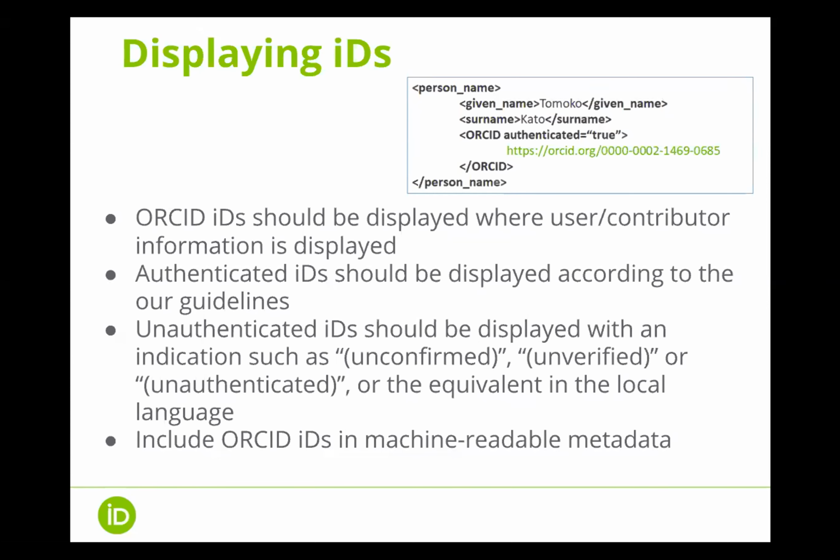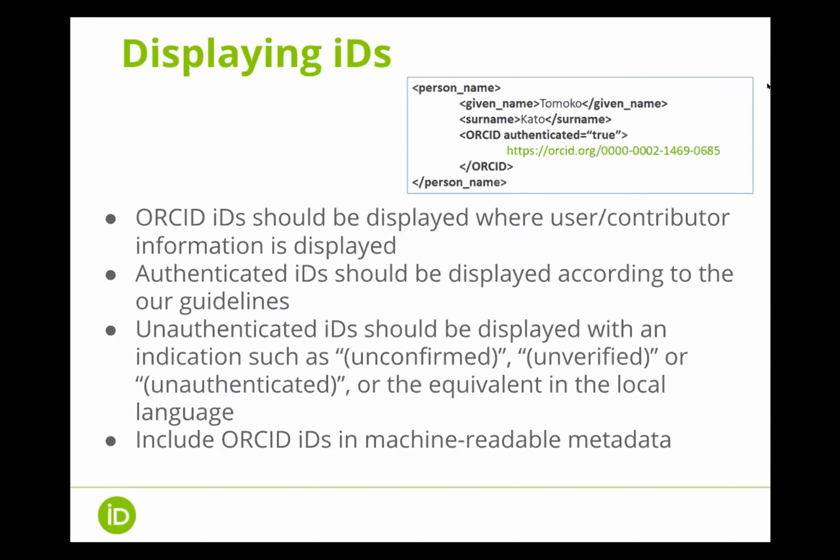And these recommendations are for humans reading those IDs, but obviously and very important, we recommend that you include the ORCID IDs in machine readable metadata. And this is an example.